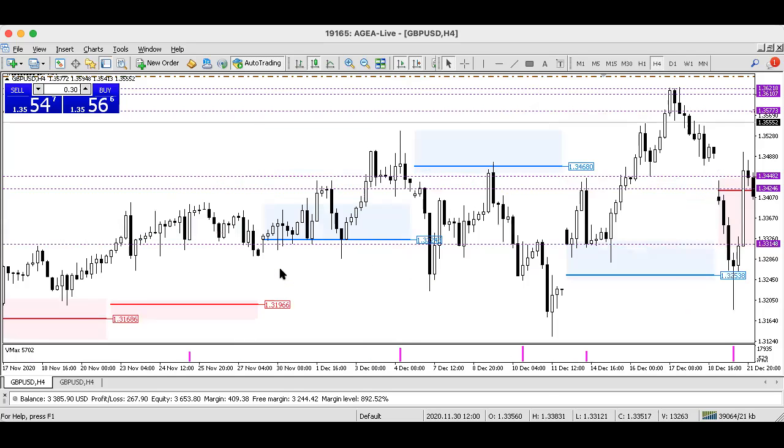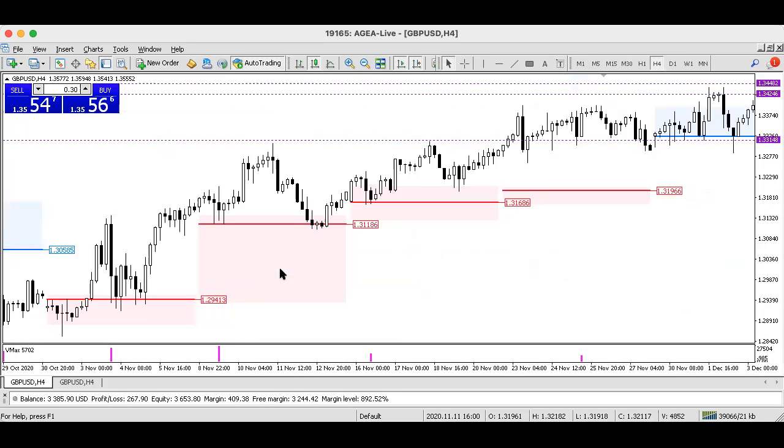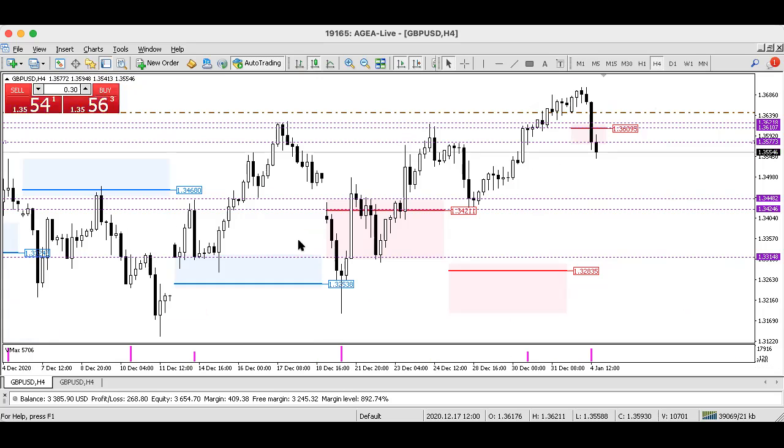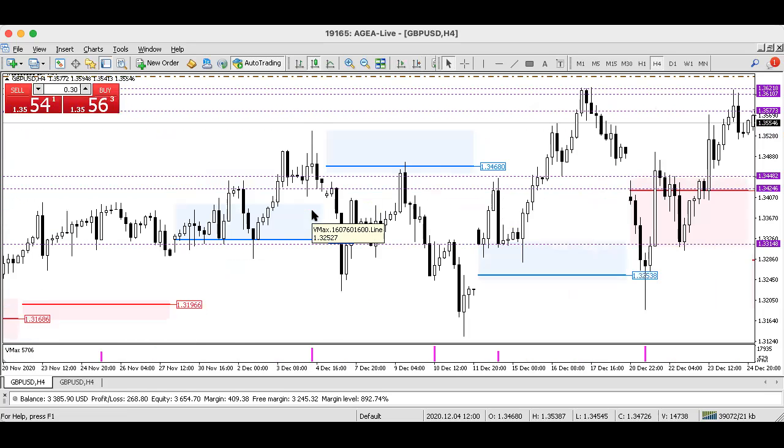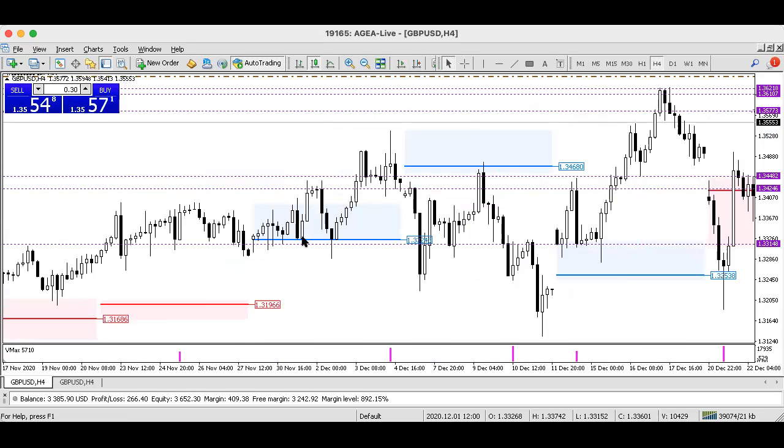That's how simple the volume is, but it gives you the direction of the market, where the market wants to go and how it wants to move. So you can see on 4 hour how the market came to retest it nicely before going up.